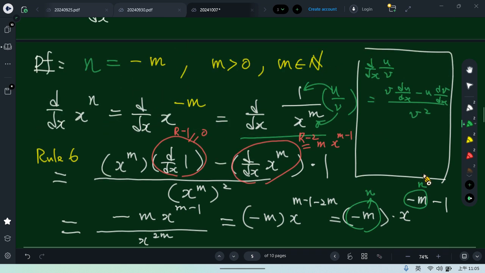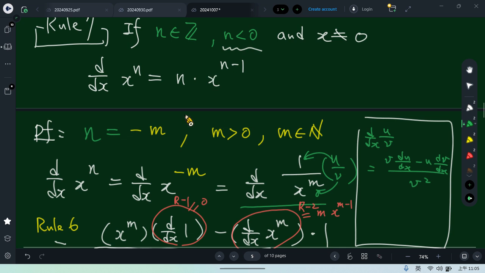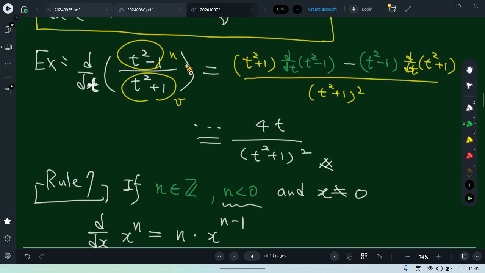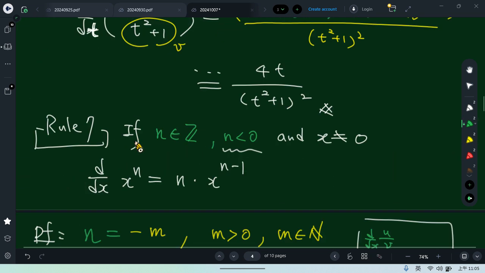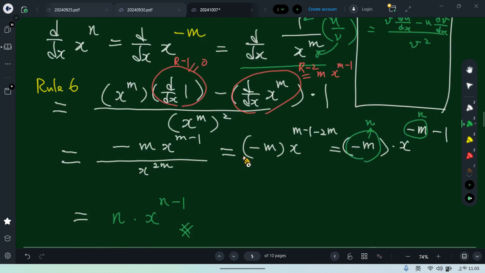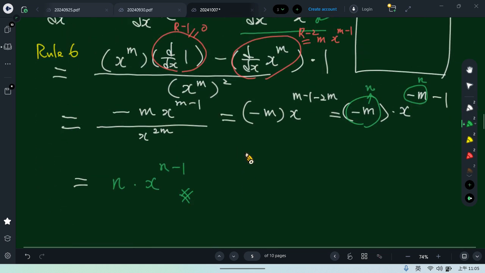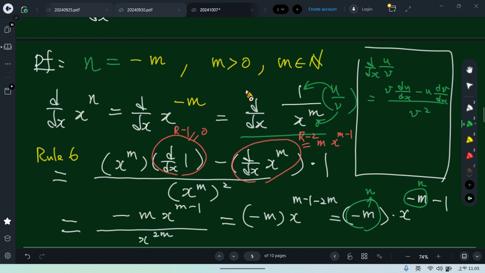So you can see, if we want to extend the n from positive integer to negative integer, we need to have the support from rule number 6. Without this, we cannot get the result. But if we want to extend m to rational number, we still need to rely on another additional rule in the following section.